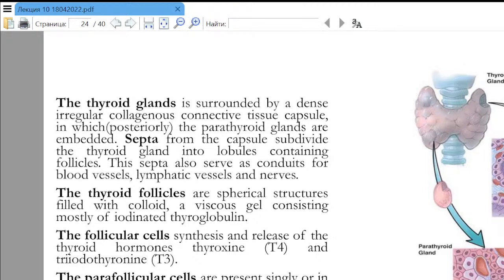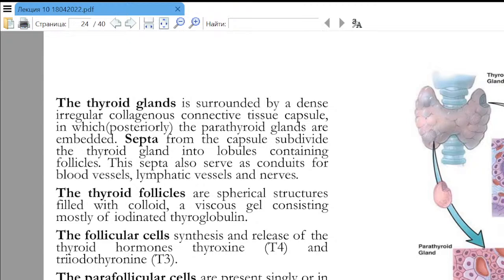The parafollicular cells are present singly or in small clusters between the follicular cells and the basal lamina.